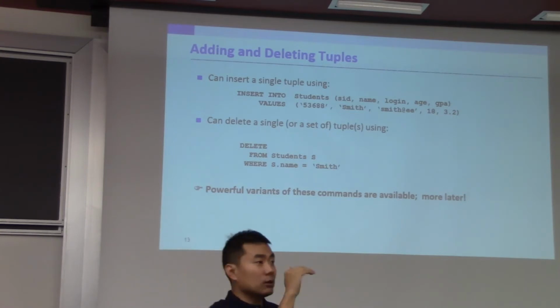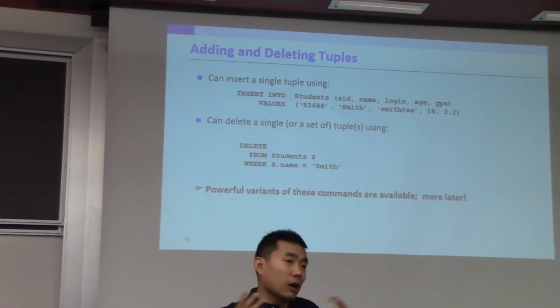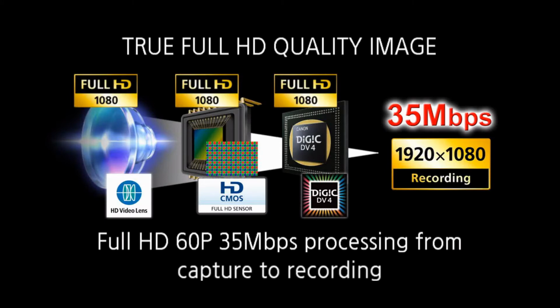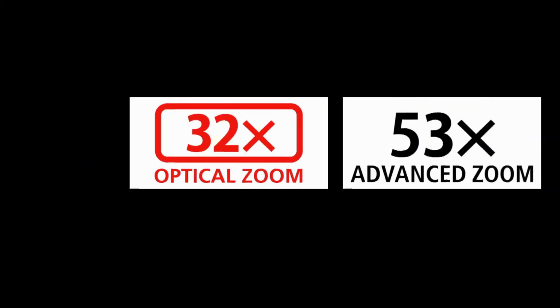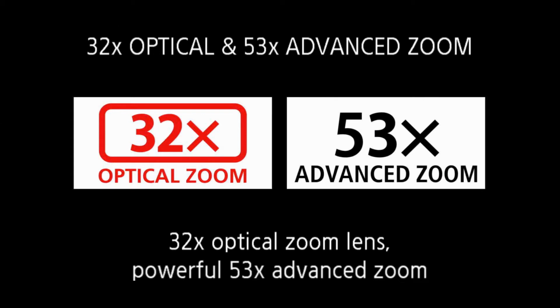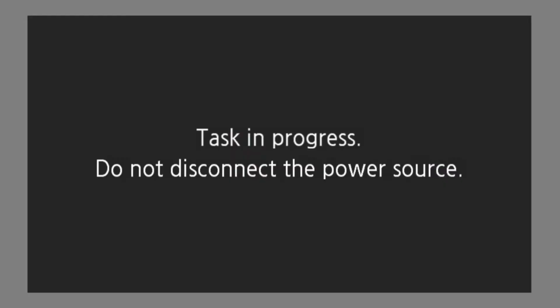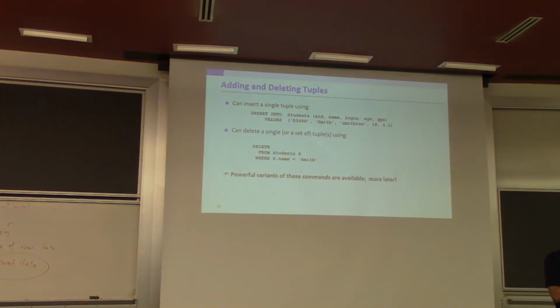Okay? In that case, you can actually ignore the list of attributes because if you don't supply a list of attributes, the database engine will automatically, by default, view the list of values as one value for each attribute in my schema. Okay? However, there are cases where you may not be able to specify all values, for example, if there is no GPA value yet to specify for that student.